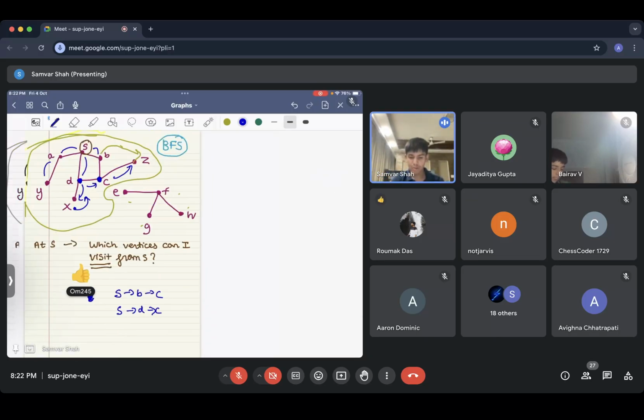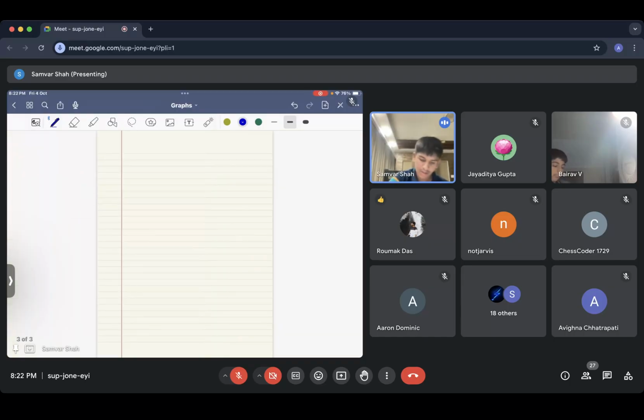So now let me explain DFS, or depth first search. Both of these are on an intuitive level. Depth first search and breadth first search.